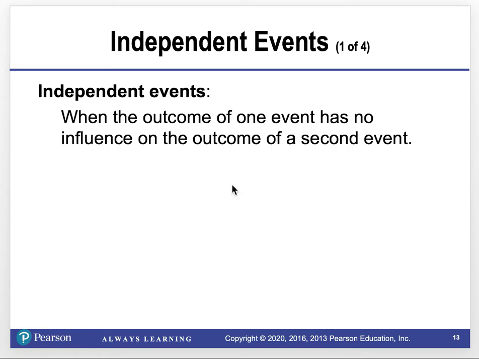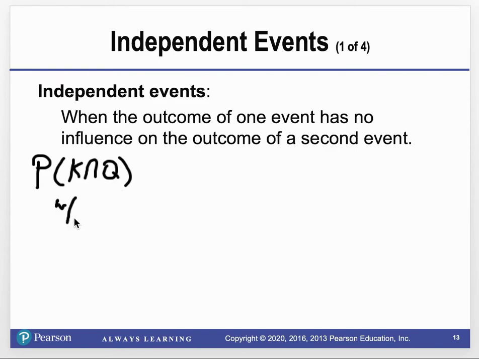But if you draw a card out first and then you don't put it back in, then the probability of drawing a queen on that second event has changed. So let's model what that would look like. So this is saying a probability of drawing a king and a queen, okay?